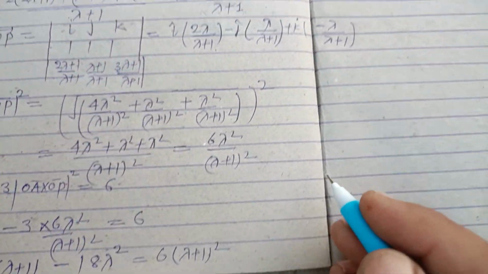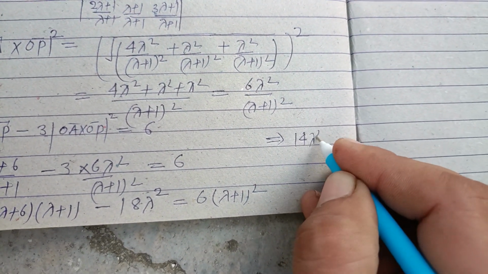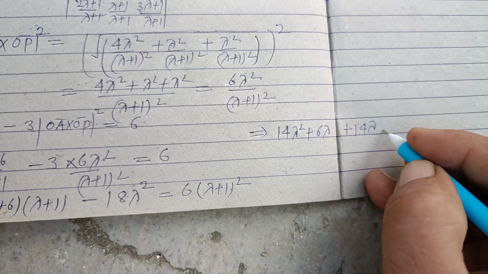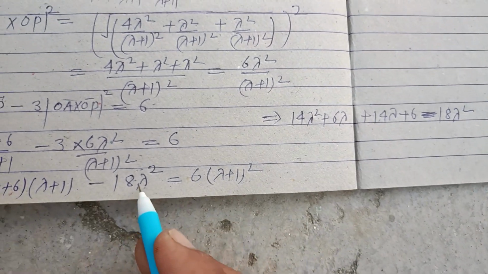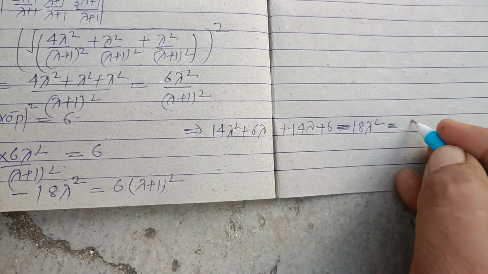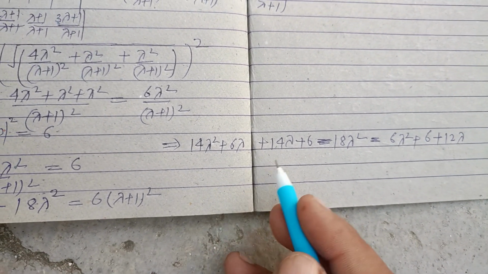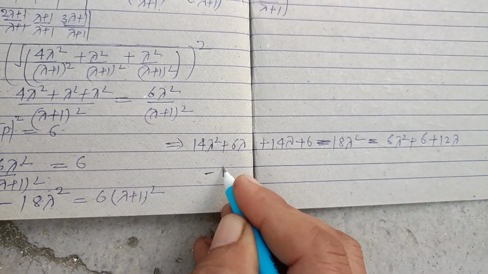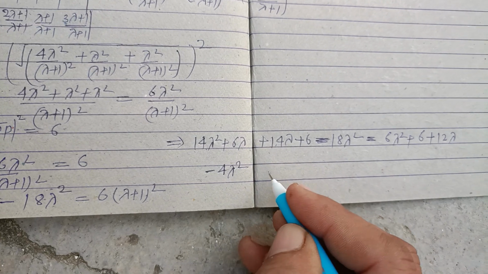Now solving this, here 14 lambda square plus 6 lambda plus 14 lambda plus 6, minus 18 lambda square, equal to 6 (lambda square plus 2 lambda plus 1), which is 6 lambda square plus 12 lambda plus 6. Now 14 lambda square minus 18 lambda square is minus 4 lambda square, and 6 lambda plus 14 lambda is 20 lambda.